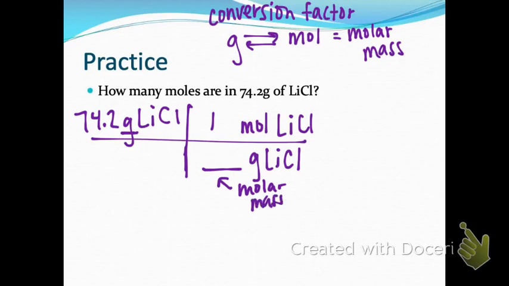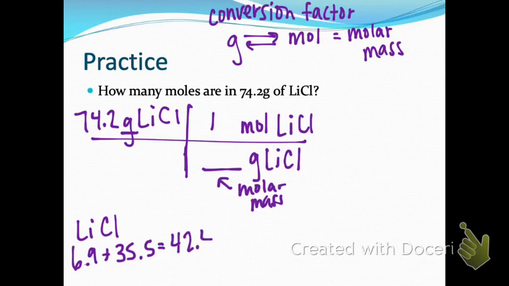Okay, so if I come down here and I say LiCl, one of each of those atoms, lithium is 6.9. Chlorine is 35.5, which if I add those together, that gives me 42.4.